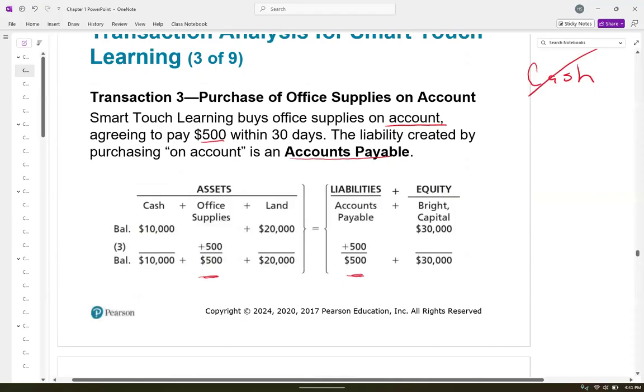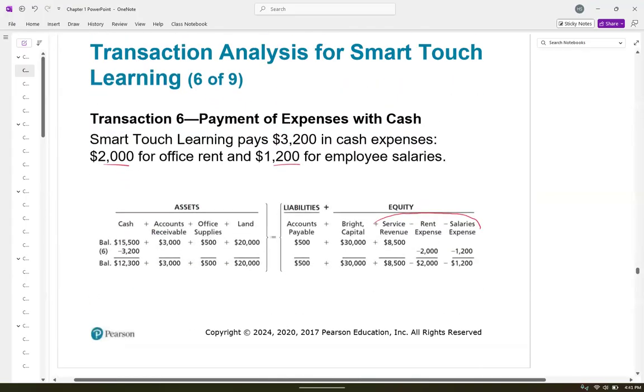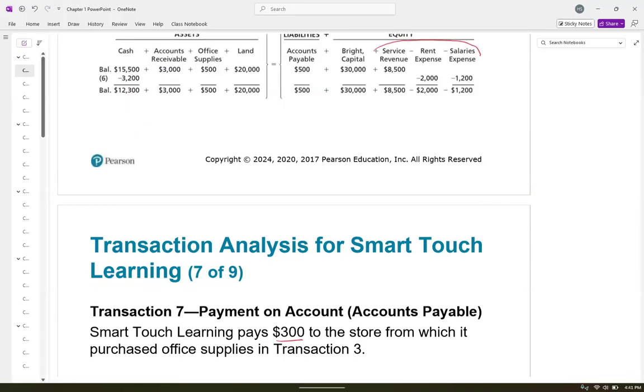We bought some supplies and we had $500 we put on accounts payable because we didn't pay it yet. Okay. A lot of students want to go in here and take $300 out of the supplies. That's not what we're doing. We still have the supplies. Okay. Just because we're paying the cash out doesn't mean there's less supplies.